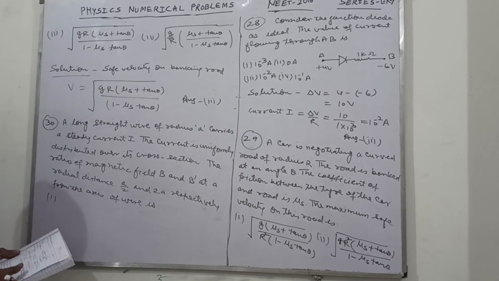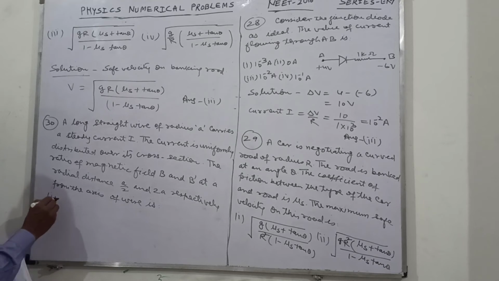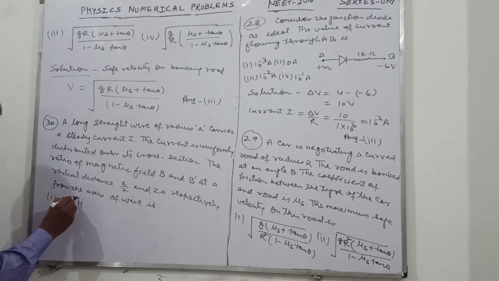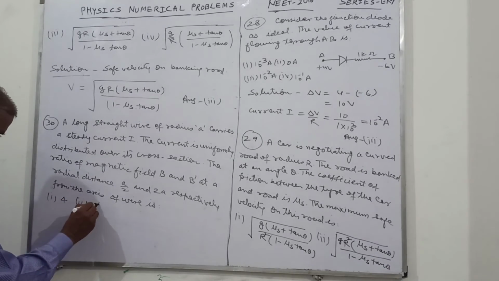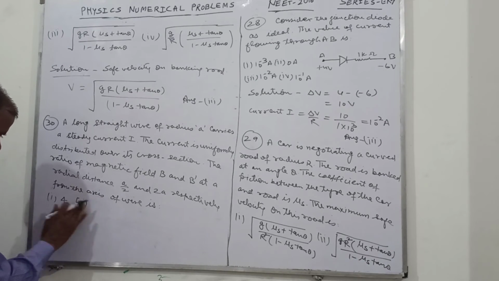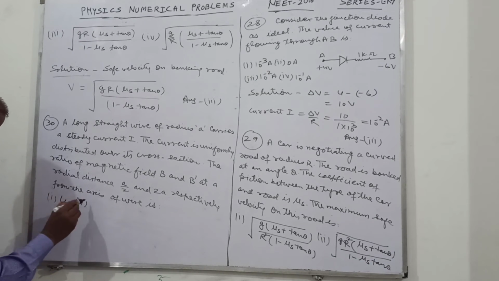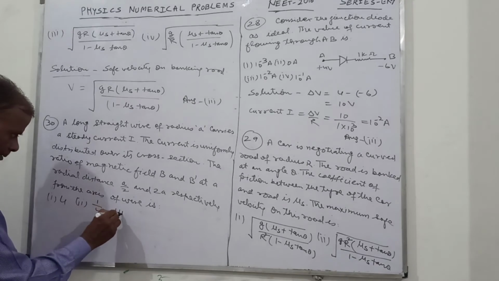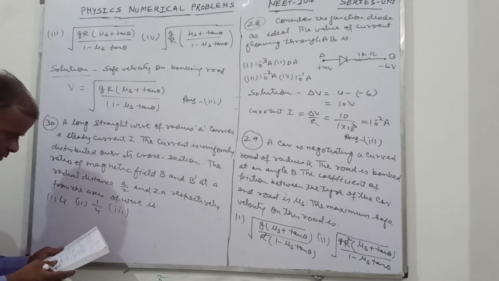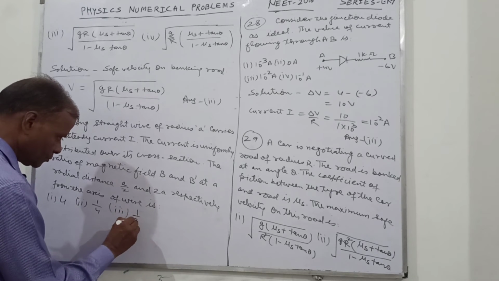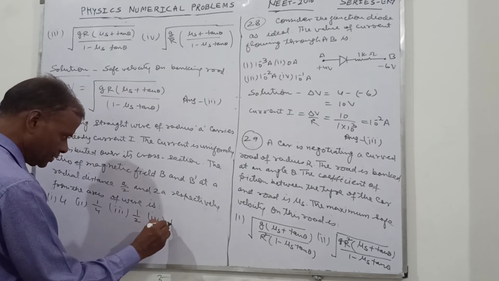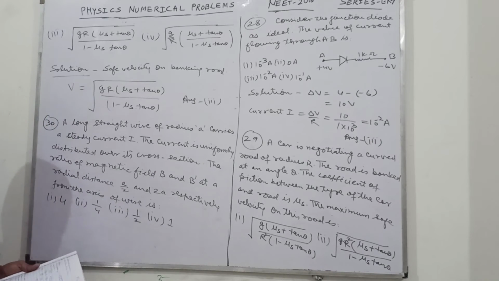Now the first option is 4, the second is 1 by 4, the third is 1 by 2, and the fourth is 1.